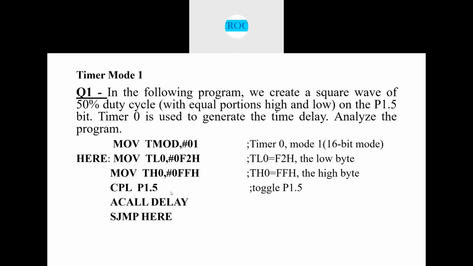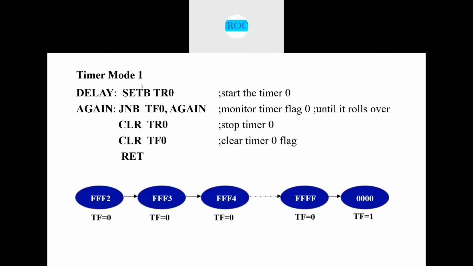Till you come out of the delay subroutine, the time required to execute it, from FF2 to FF here. Once it comes back, for that long the P1.5 bit will be 0. Again it will be complemented to 1, and that value will stay for 1 till this delay.